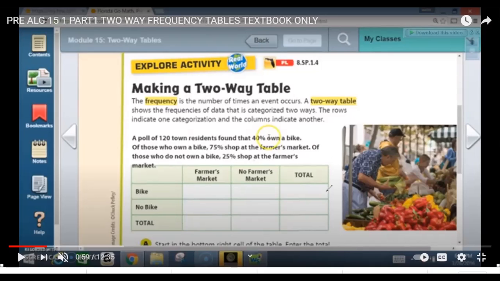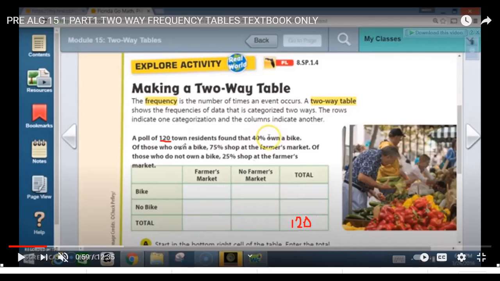So where can we put it in this table? In the total, the 120. I will put it in the cell at the intersection between the total vertical and the total horizontal, because this one will be the key for our table.